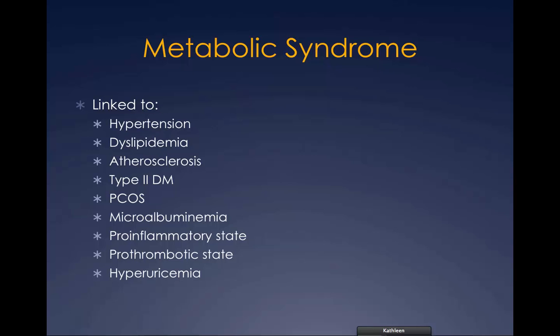I'm going to talk specifically about the prothrombotic state, which is the plasminogen activator inhibitor, which correlates significantly with insulin resistance. This elevated level of plasminogen activator inhibitor reflects impaired fibrinolysis, impaired endothelial function, and increased tendency toward acute arterial thrombosis.